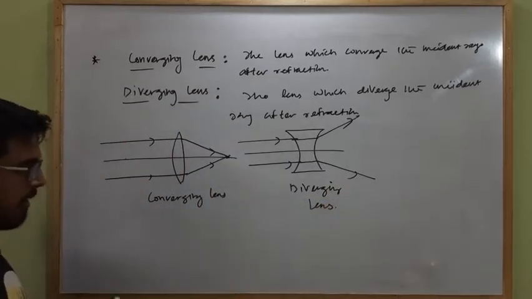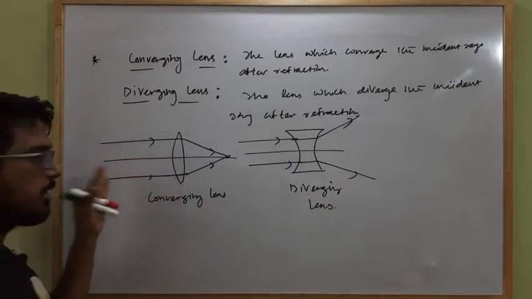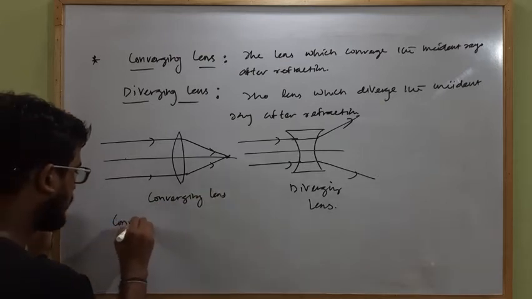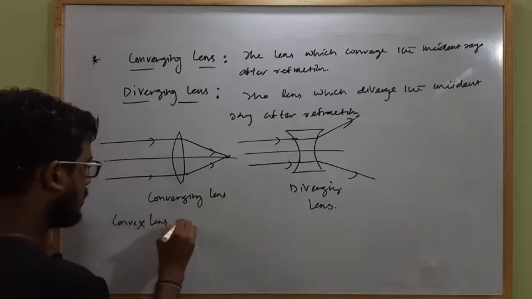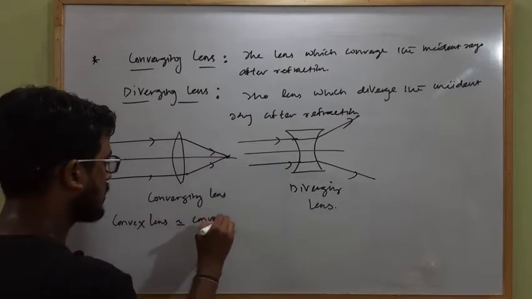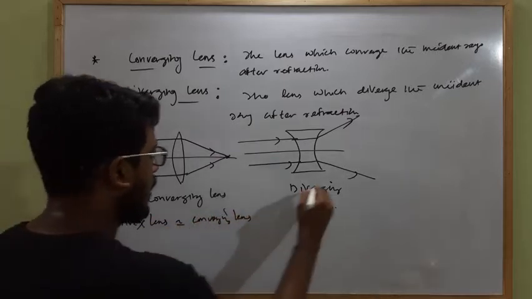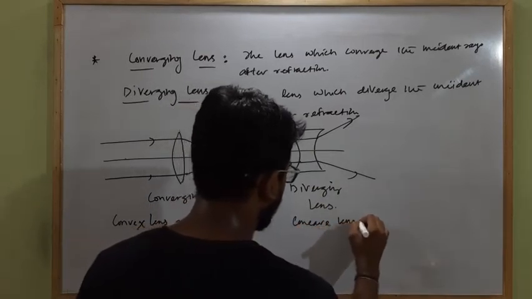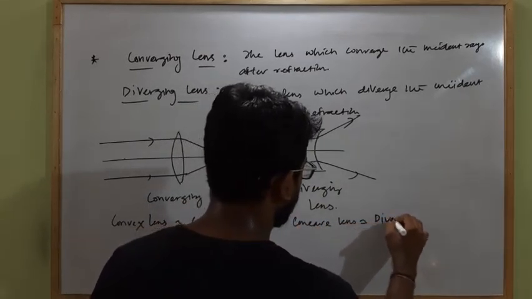So basically in many of the books it is mentioned that a convex lens is a converging lens, and a concave lens is a diverging lens.